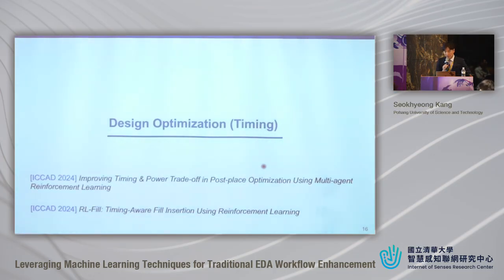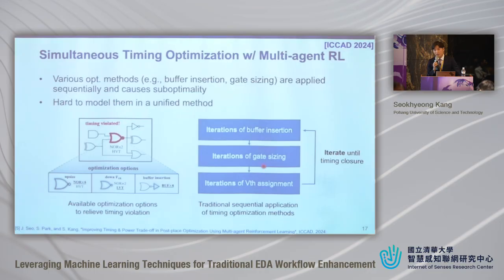Okay, and the second topic is design optimization, especially on timing. In EDA, timing optimization is very important, right? And we optimize the circuit timing using buffer insertion, gate sizing and VT swap. But in the traditional algorithm or heuristic, we apply the techniques not simultaneously, but sequentially.